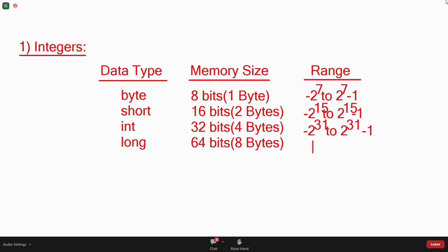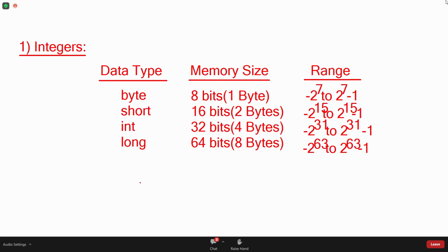Here minus 2 to the power of 63 to 2 to the power of 63 minus 1. Just write this one.